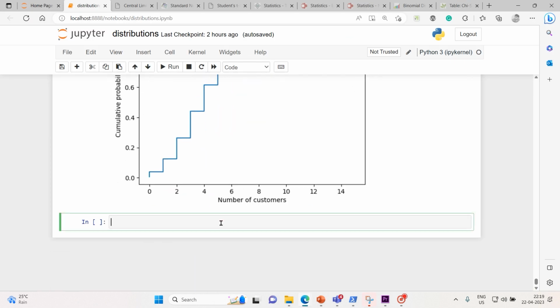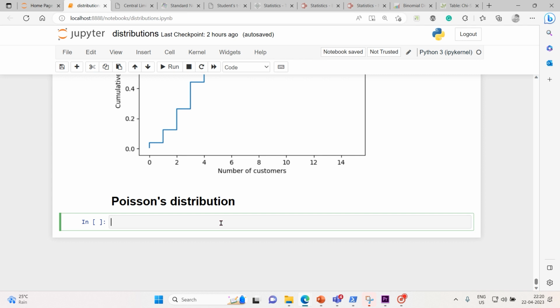Okay, so this is the Poisson distribution. Suppose we are interested in modeling the number of customers who enter a store during a certain time period, based on historical data.